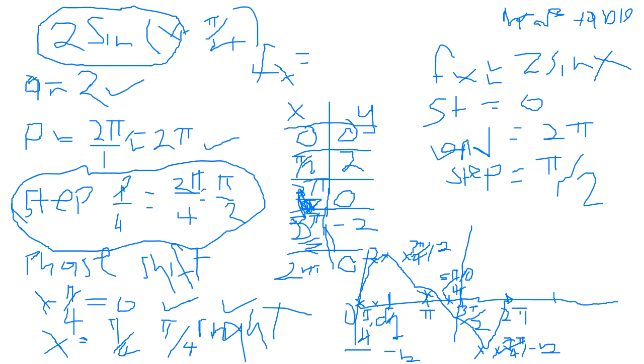So it's going to be, how do I put it? 2 pi plus pi over 4 is going to be, I think, 9 pi over 4. It's going to be 9 pi over 4 and 0.